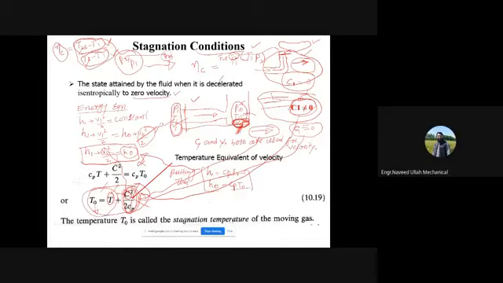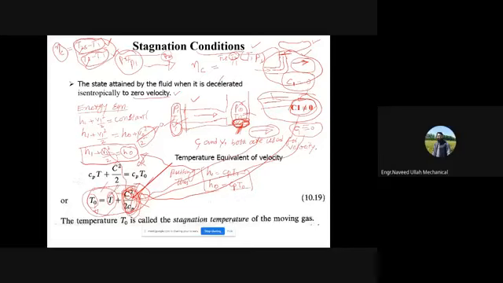So this is your temperature equivalent of velocity. Is that clear? In order to find the stagnation temperature, you need to add this temperature equivalent of velocity to the static temperature.